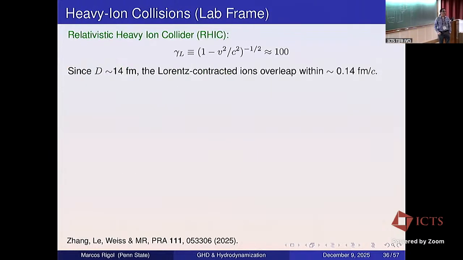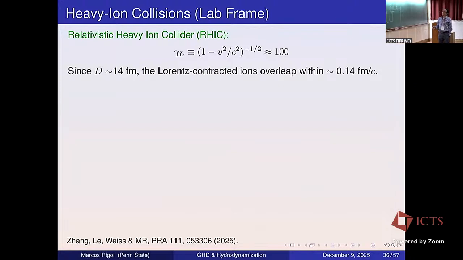So now let me just tell you briefly about these heavy ion collisions, right? I'm going to focus, there are, of course, two big accelerators. So let me focus on the slowest one, the RHIC, okay? So this gamma, not the linear parameter, right? That's the gamma factor in relativity here.